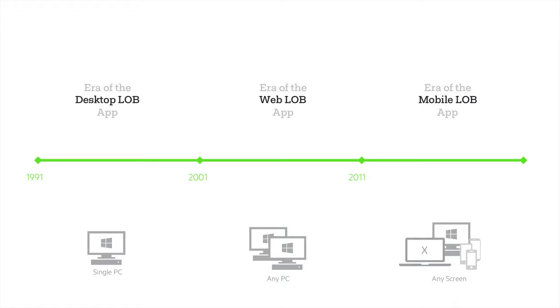And then today, of course, we're in the mobile line of business app, building apps that target any screen, not just the traditional desktop PCs. And along with each of these eras, you can find languages that were also very popular driving that era, from the VB and FoxPro of the 90s, of course, .NET and Java in the 2000s. And when you look at the mobile era, the language which is really driving innovation forward and where a lot of people focused and invested is JavaScript.